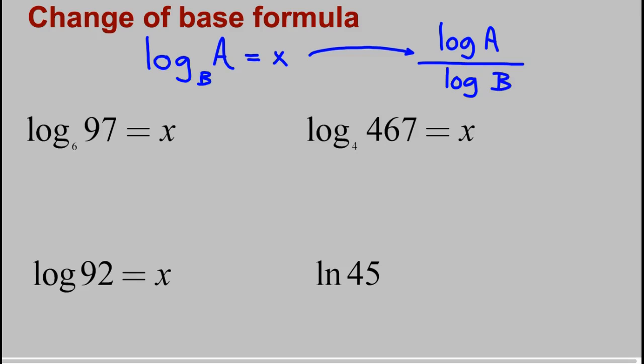And these are common logs, so the base is 10. Normally I don't write it in, but I just want to make sure that you don't miss that part. I probably don't even really need this x here.